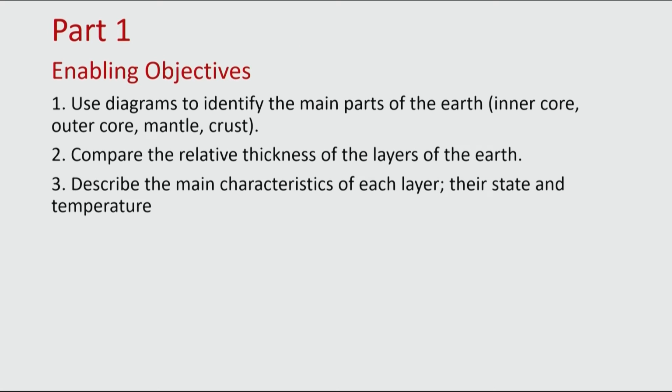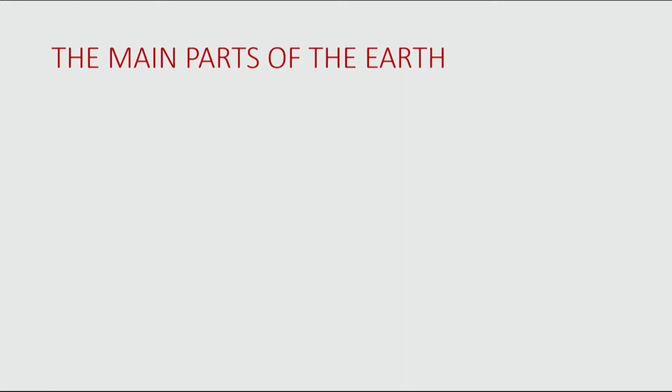We are going to use the diagram to identify the main parts of the earth, that is the inner core, the outer core, the mantle, as well as the crust. Then we are going to compare the relative thickness of each layer of the earth. And finally, we'll describe the characteristics of each layer in terms of their state of matter and temperature. So, let's get started. The main parts of the earth.